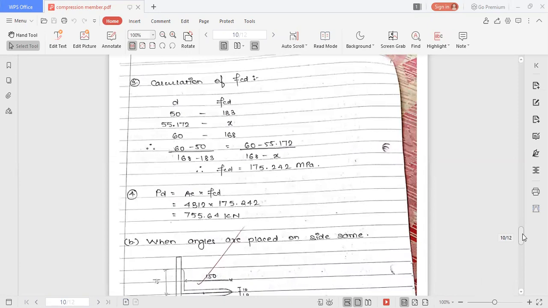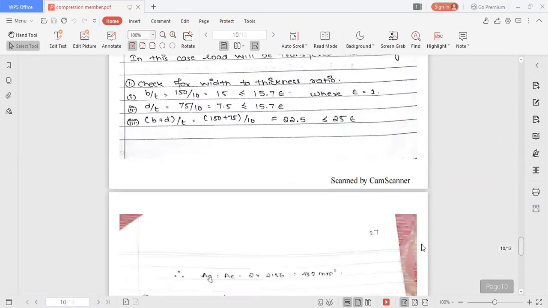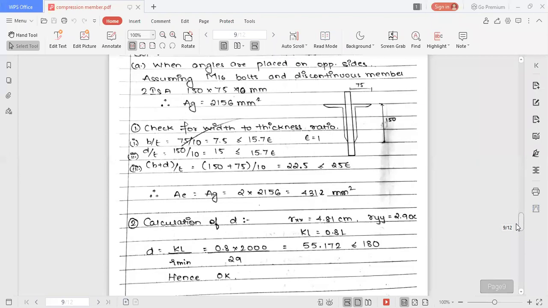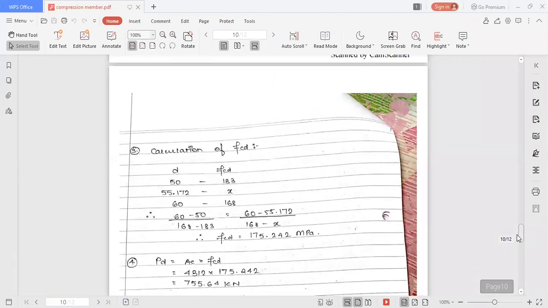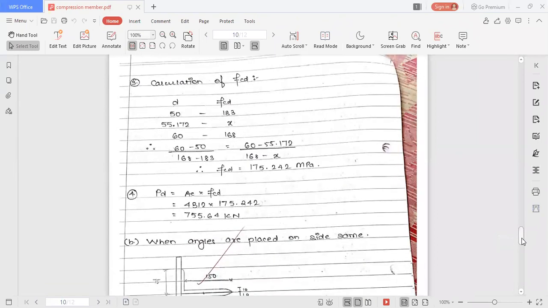Now you need to calculate FCD. For calculation of FCD, आपको जो डेप्थ है उसकी वैल्यू कितनी मिली थी, 55.172. So you have to consider the minimum and maximum value from your IS 800-2007.